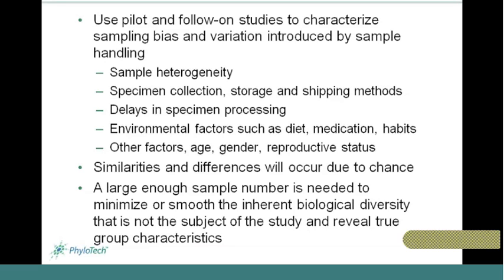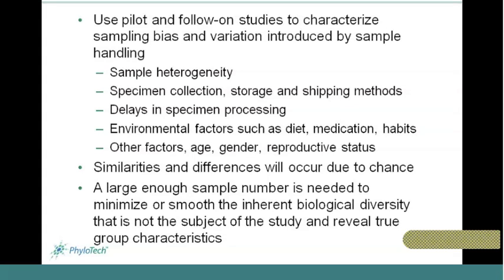You want to understand sample heterogeneity issues that could confound your biomarker panel and that you need to address. You certainly want to have a good understanding of specimen collection, storage, and shipping methods and how they may impact sources of variability. Delays in specimen processing can also be a challenge, but there are other aspects of specimen processing that must be balanced against that.